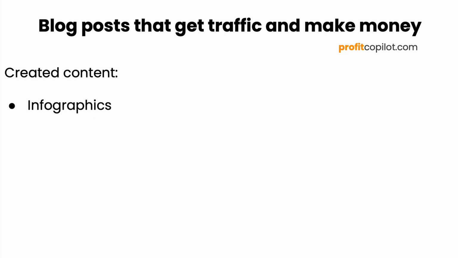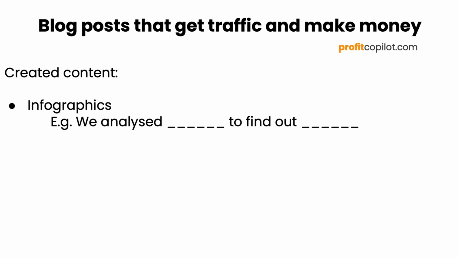We've also got infographics. If you're not very creative or good with Photoshop, then just find someone on Fiverr to make an infographic for you. But the important thing about these is you provide original data. So you can say something like, we analyzed the top tweets to find out X result, or find out who's really doing what.